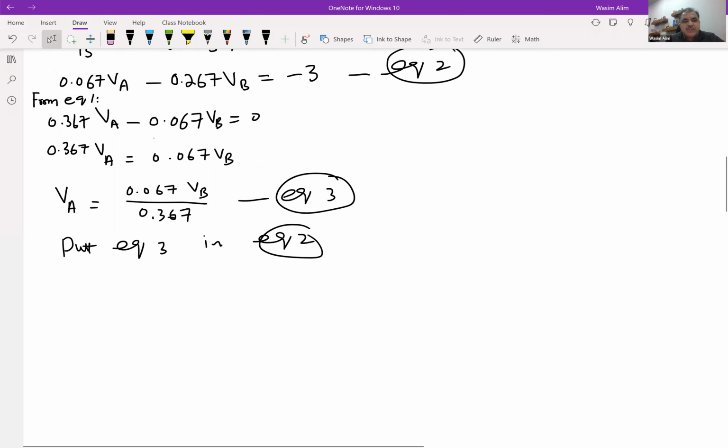So equation number 2 is given there, and I can simply say it's 0.067 times 0.067.